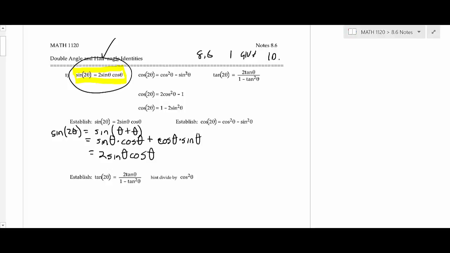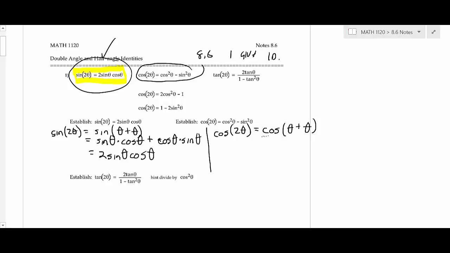Okay, let's go on to this one. I'm now going to establish this identity in exactly the same way. Cosine of 2 theta is also a real easy one to derive. We say cosine of theta plus theta. Now what identity did we learn for cosine? That's the one that goes cosine, cosine, sine, sine, different sign.